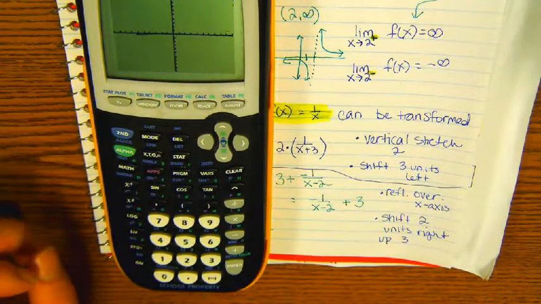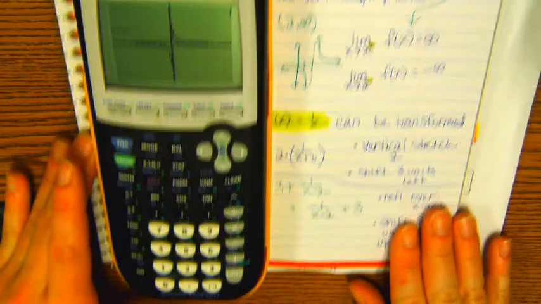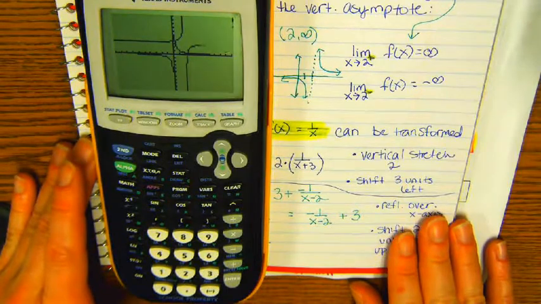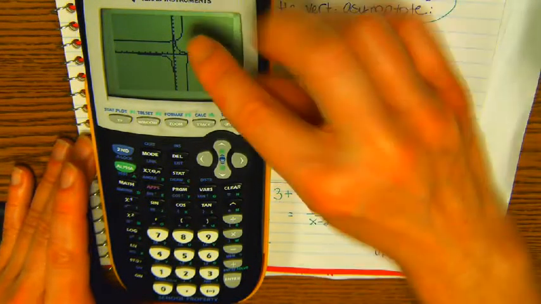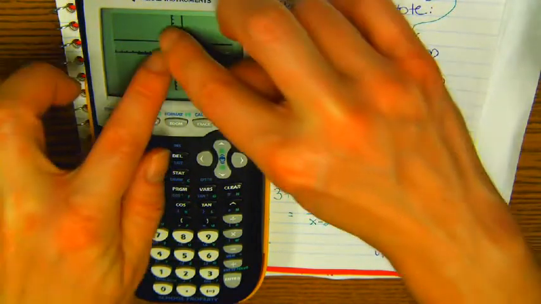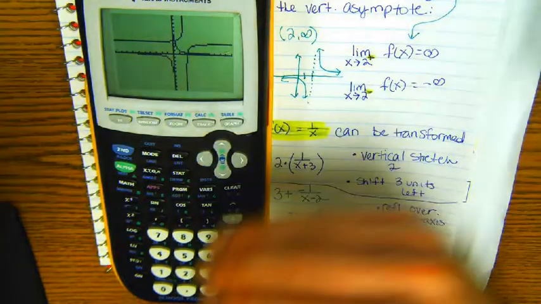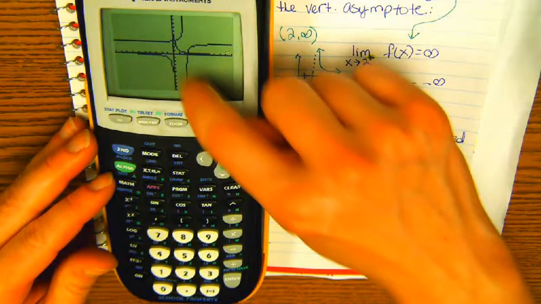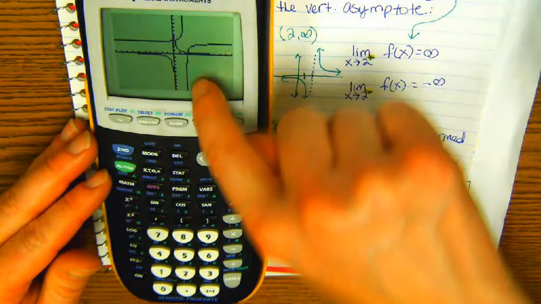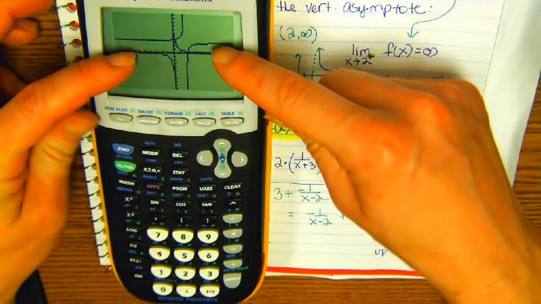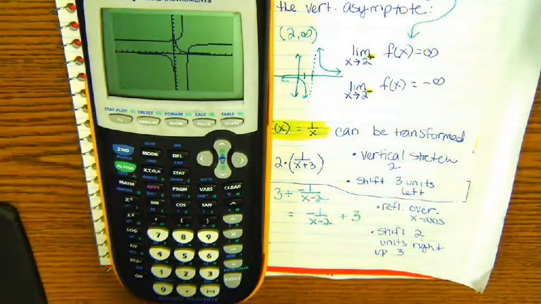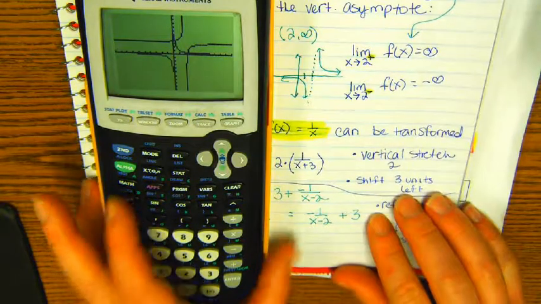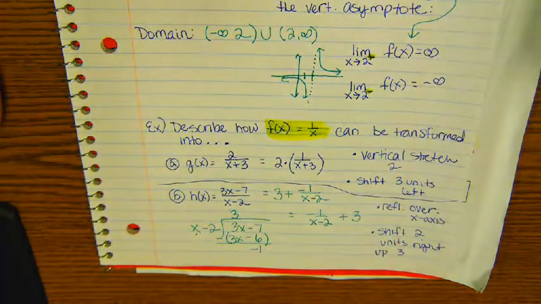Alright, so hopefully you can see that these were over here and then they flipped. So this went the other way. There's my 2 to the right, and you can see that instead of an asymptote at 0, it's now at 3. Okay? Questions so far on that?